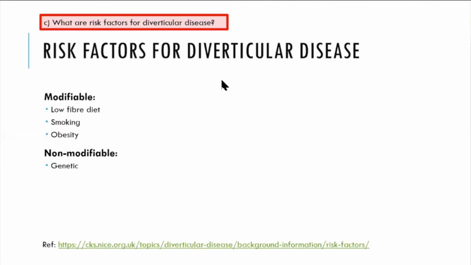So that's a low fiber diet, and then smoking again can cause increased weakness and poorer healing, and then there's obesity, and non-modifiable risk factors are largely genetic.